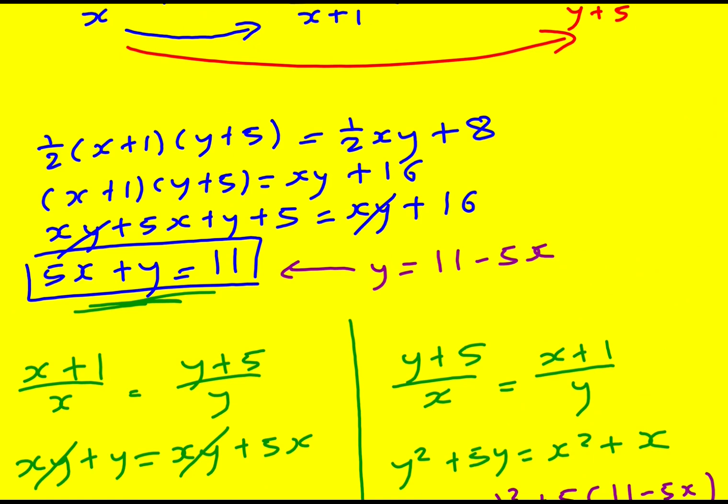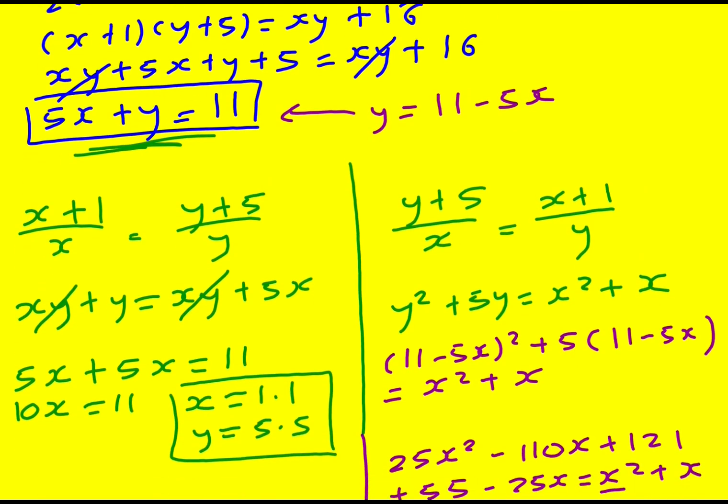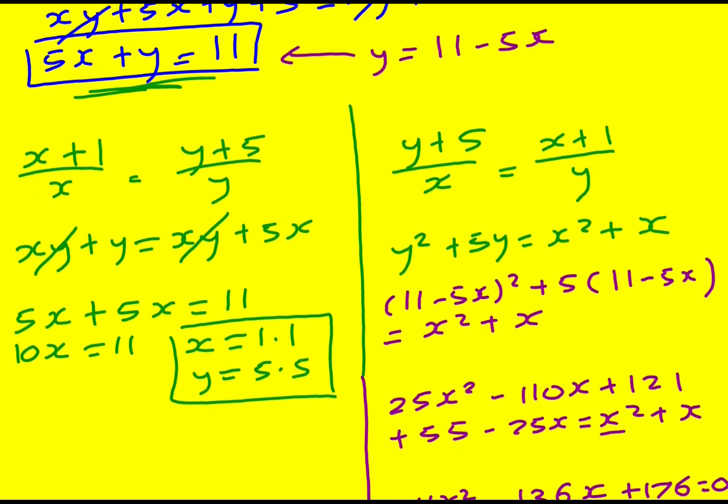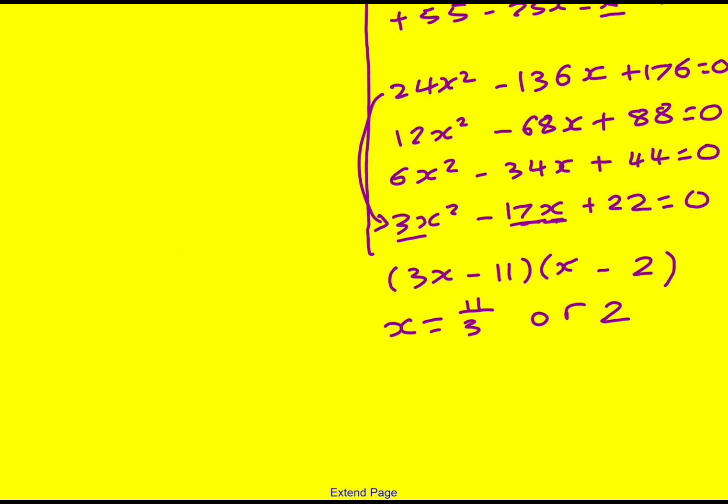Just need to work out what y is equal to then. So remember, we can't use the y equals 5x from before. So y is 11 minus 5x. When x is 2, y is just going to equal 1.